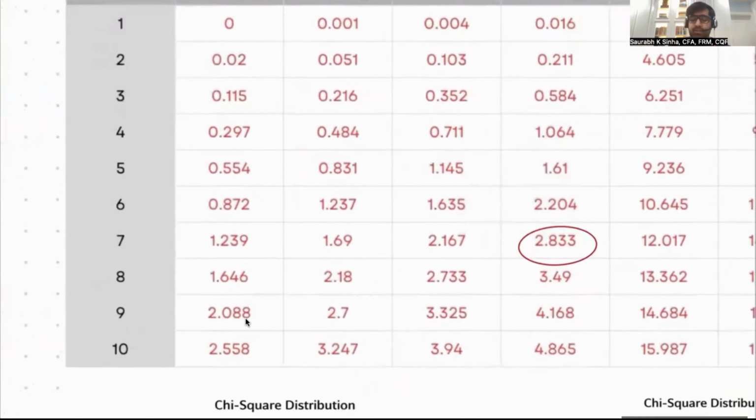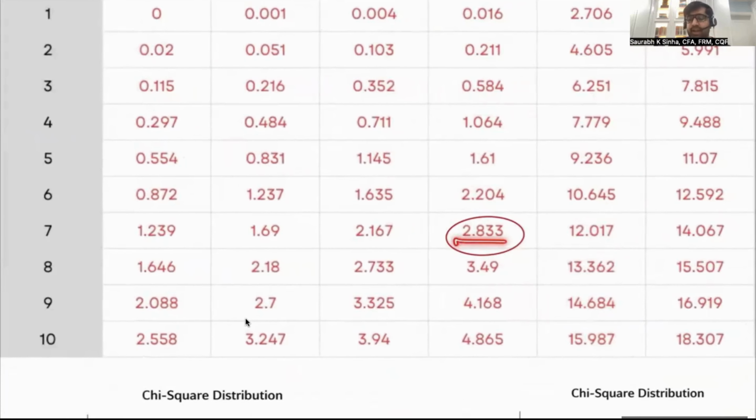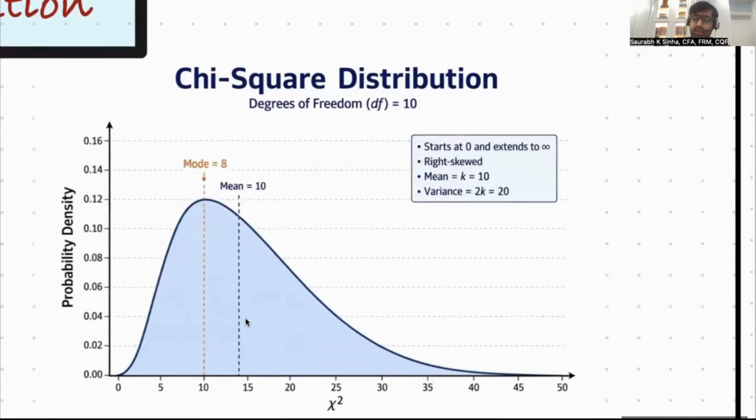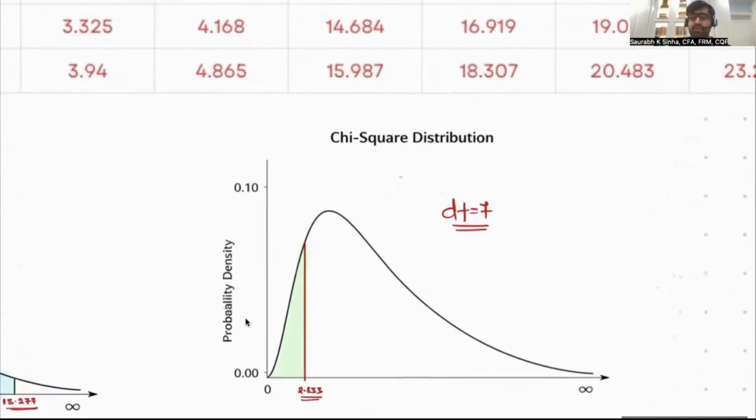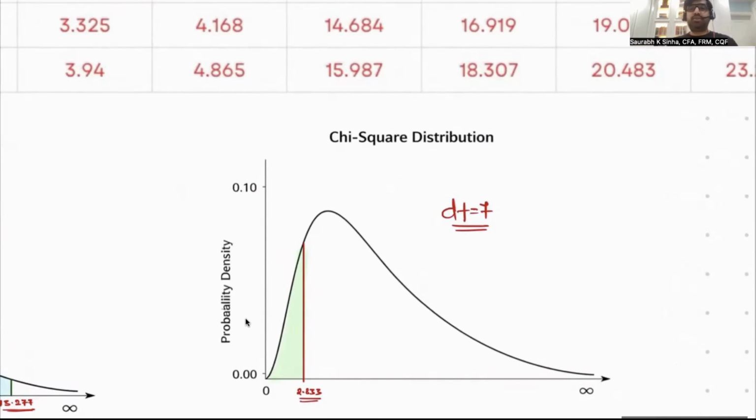Similarly, take any other number. Say we have taken 2.833. First, you look for the degree of freedom. Degree of freedom is 7. So we have to look into the chi-square distribution where the degree of freedom is 7. There would be a different shape. So assume this is the shape of the chi-square distribution where the degree of freedom is 7.